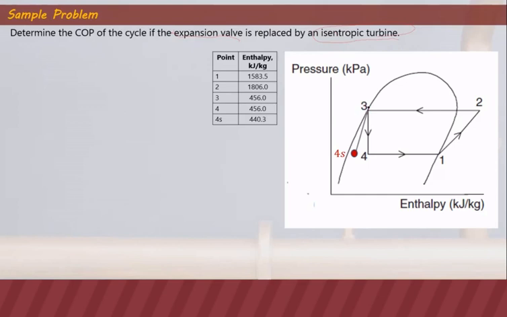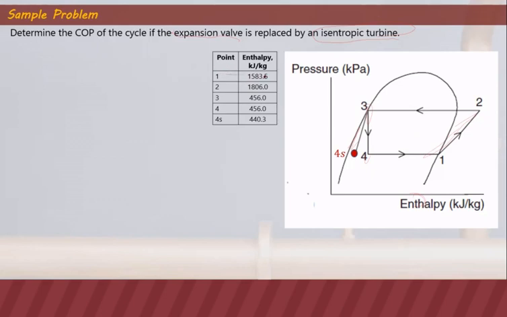Instead of having a constant enthalpy process at 3 to 4, which you can see here is vertical, meaning constant enthalpy, this now will become isentropic. The same as the compression, which is isentropic, we are going to make the expansion isentropic. That is what we meant by an isentropic turbine here at 3 to 4.